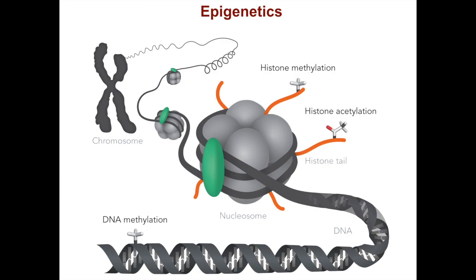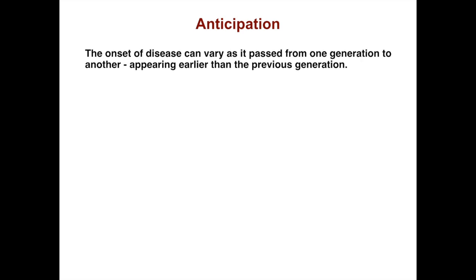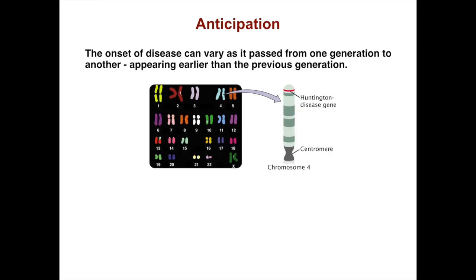And we can see this very clearly in anticipation. In anticipation, the onset of a disease can vary as it is passed from one generation to another, appearing earlier than the previous generation. Huntington's disease is a clear example of this. The disease is caused by a gene on human chromosome 4, which is depicted here.